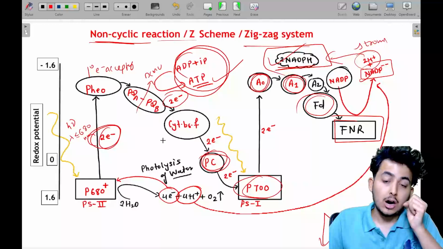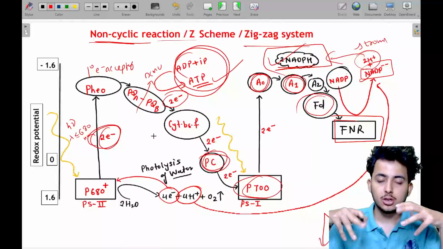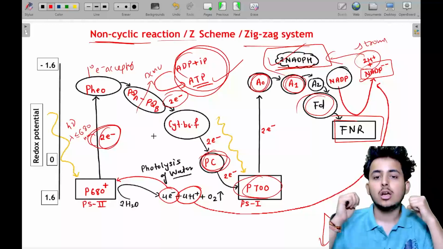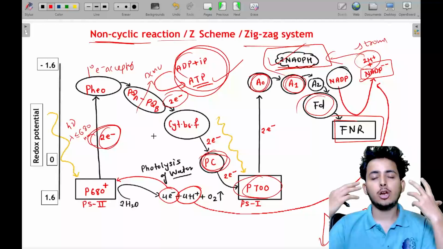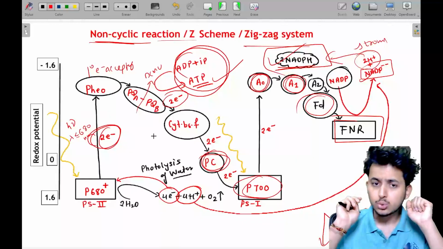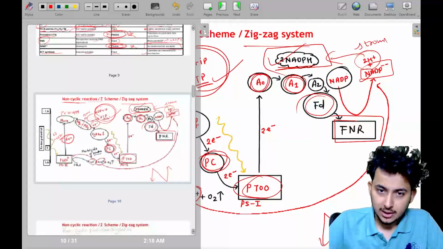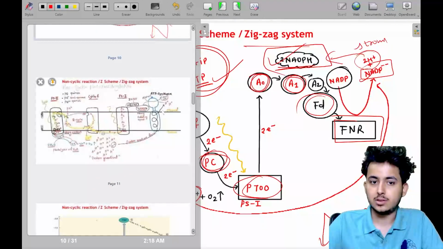The carrier with a higher reduction potential has more tendency to accept electrons. That means more tendency to get reduced. That is what is important to know. So this is the non-cyclic flow of electrons.